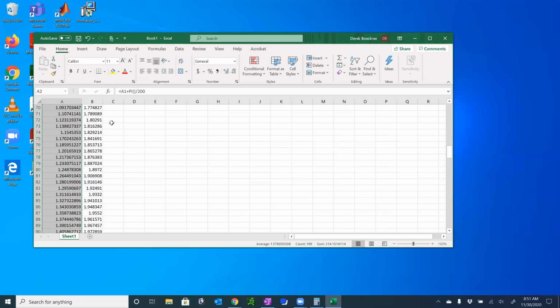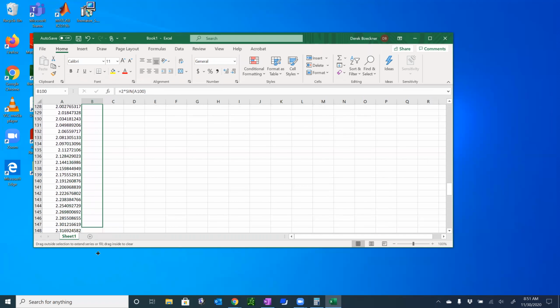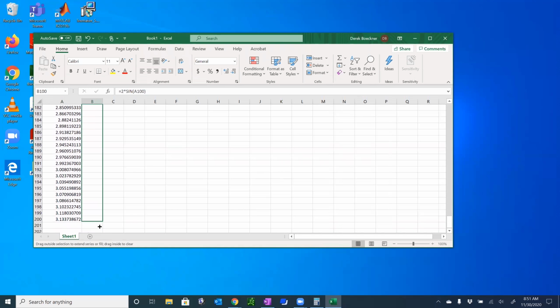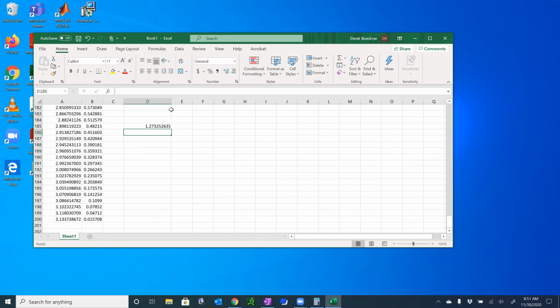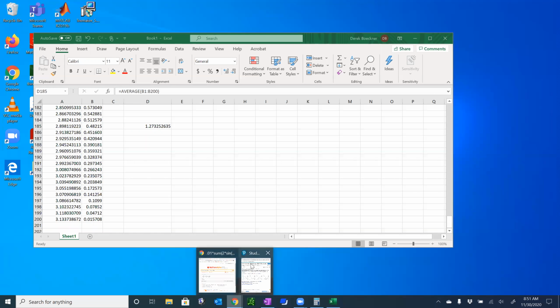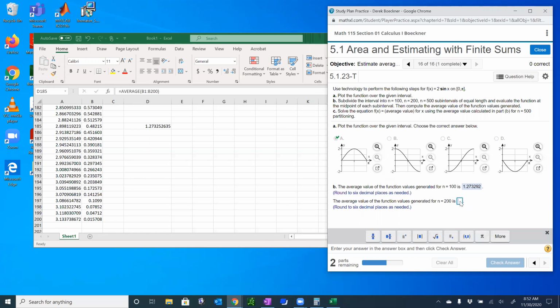And I can drag down my function evaluation. And then I want the average of B1 to B200. And you'd use that number. And then you could do the same thing with 500. Okay. I'll end it there though. And I will see you guys tomorrow.